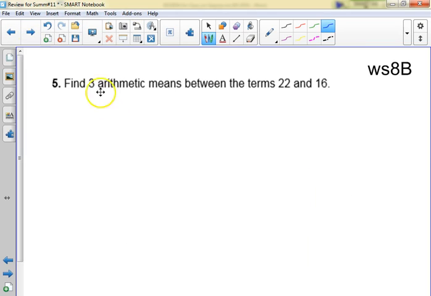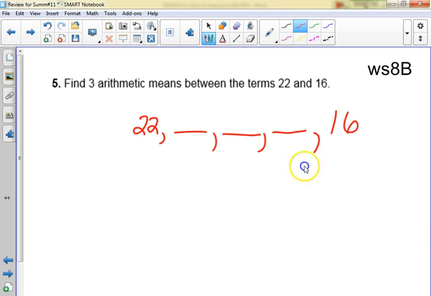All right. Question 5 off 8B. Find 3 arithmetic means between 22 and 16. How does this go? What does that mean? There's 3 terms, and it was what kind of a sequence? Arithmetic.